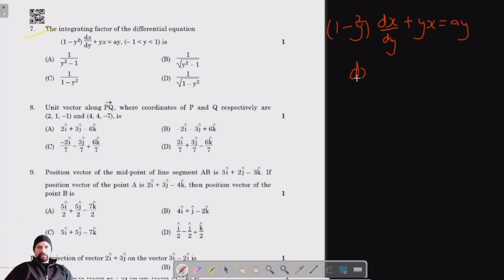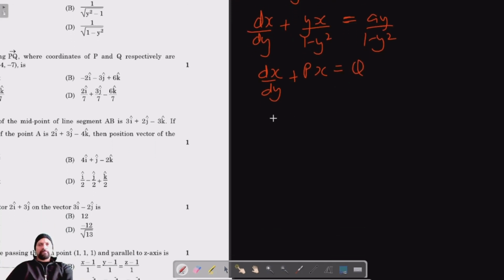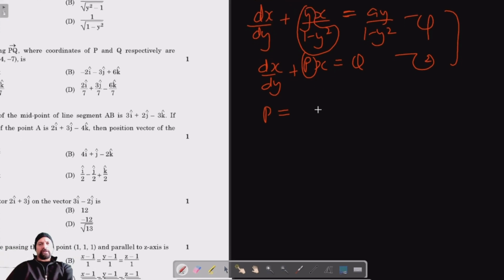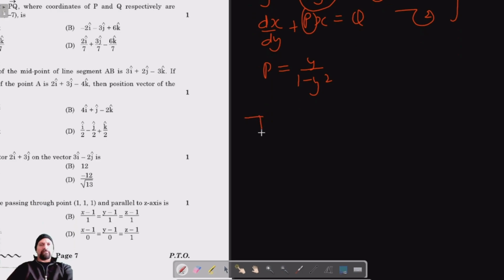So this can be written as dx by dy plus y upon 1 minus y square into x is equal to ay upon 1 minus y square. And if we compare this with the form dx upon dy plus px is equal to q, so p is equal to y upon 1 minus y square, and we have to find the integrating factor.